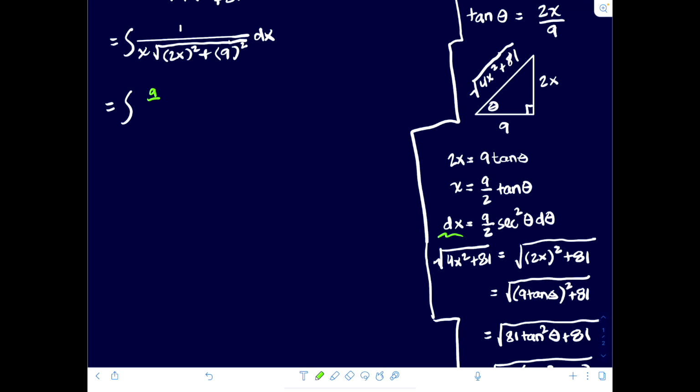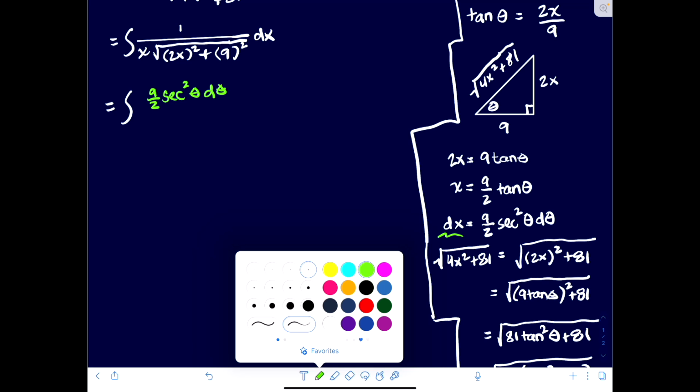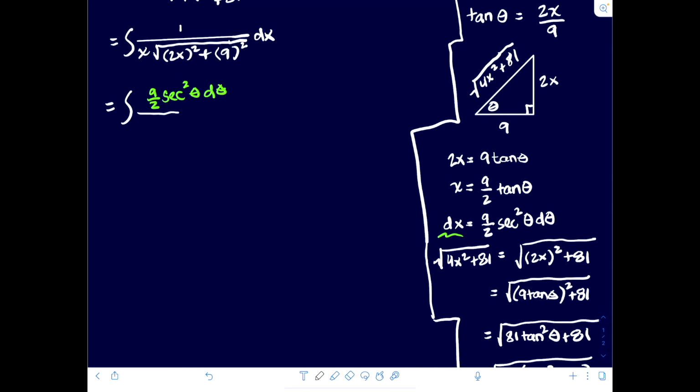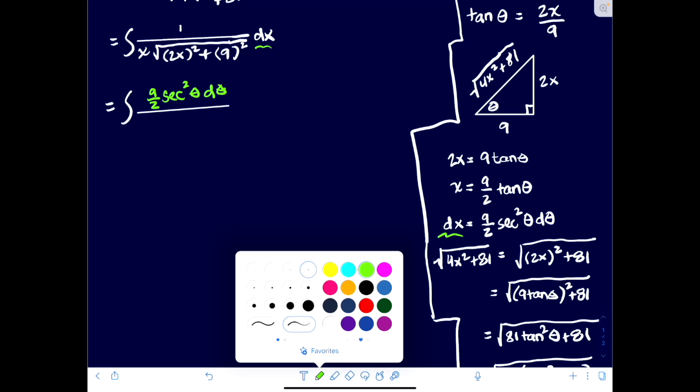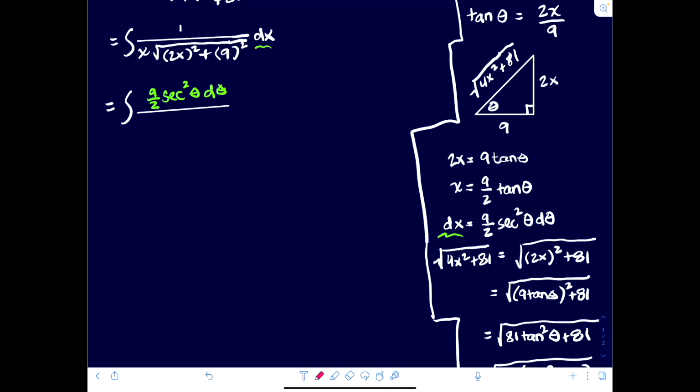So we're going to have 9/2 secant squared theta d theta, over, and then our x is over here, and that's 9/2 tangent theta.